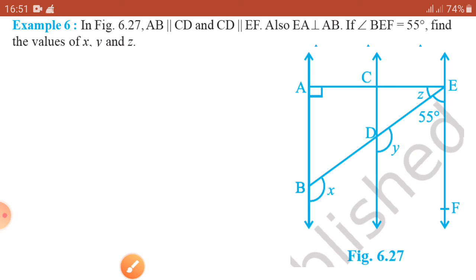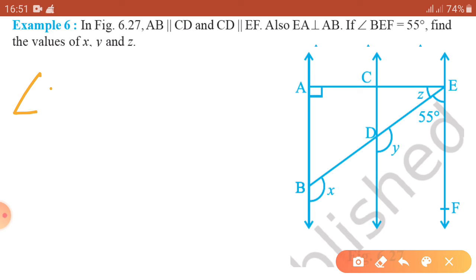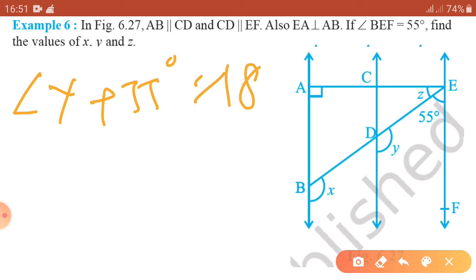Now we know interior angles on the same side of the transversal will give us 180 degree. So from here we can say that angle y plus 55 degree equal to 180 degree.